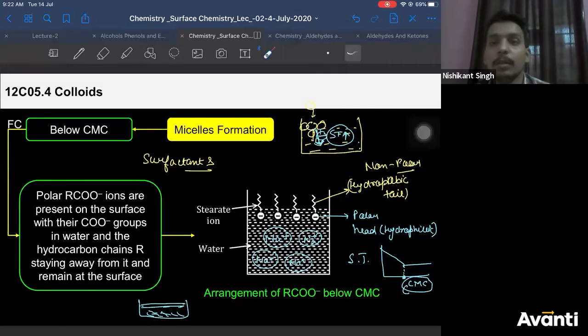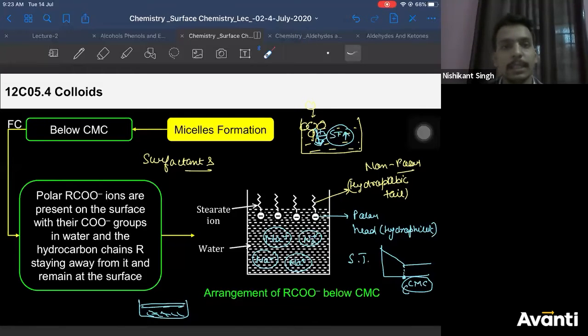Yes. So we had discussed 2 things. One was CMC, critical micelle concentration, and one was Kraft temperature. So what was Kraft temperature? So the Kraft temperature was the temperature, very good. The Kraft temperature was the temperature above which micelle formation takes place.